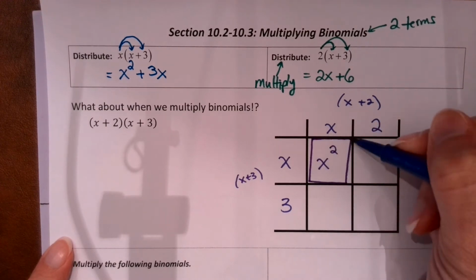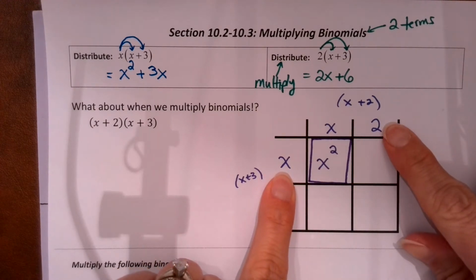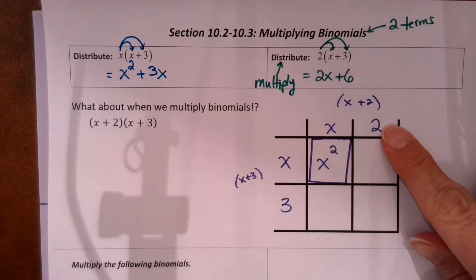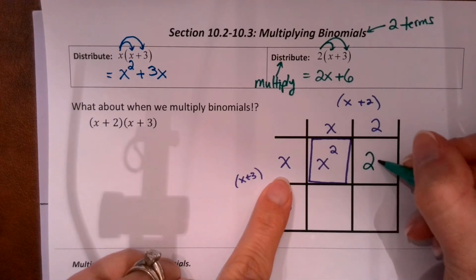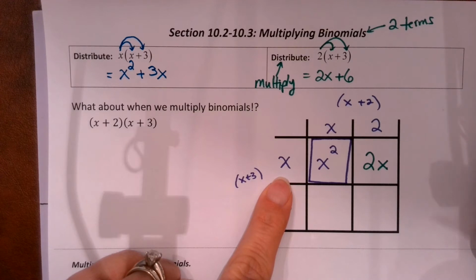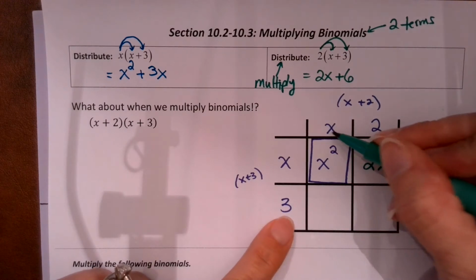Here's your first term. Now I'm going to multiply x times 2. 2 times x is 2x. All right, thank you, x. I multiplied both of the things by you. Now it's 3's turn. 3 is going to get multiplied by x.